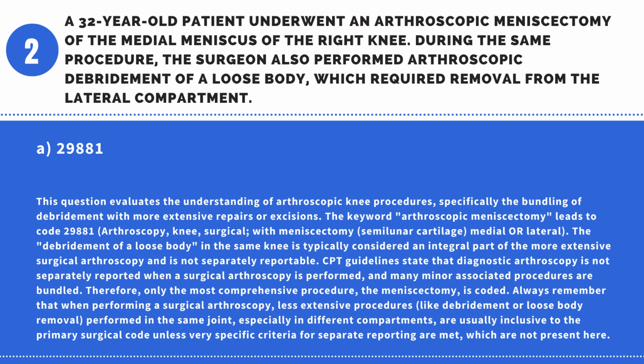The debridement of a loose body in the same knee is typically considered an integral part of the more extensive surgical arthroscopy and is not separately reportable. CPT guidelines state that diagnostic arthroscopy is not separately reported when a surgical arthroscopy is performed, and many minor associated procedures are bundled. Therefore, only the most comprehensive procedure, the meniscectomy, is coded.